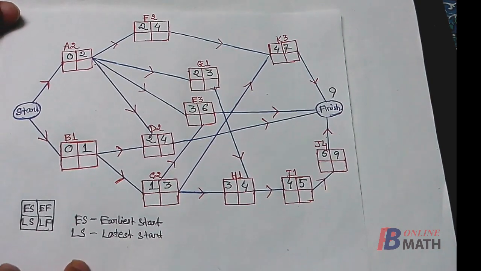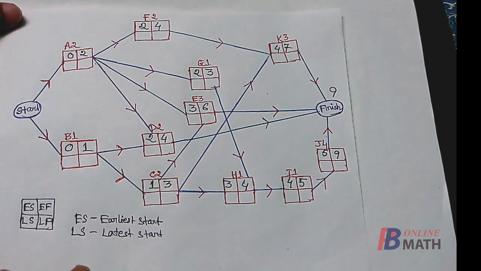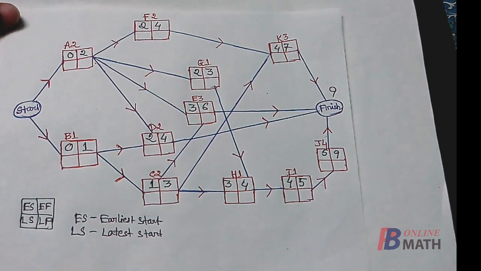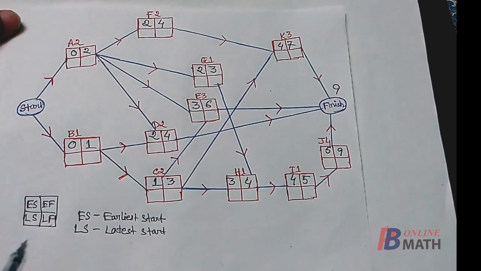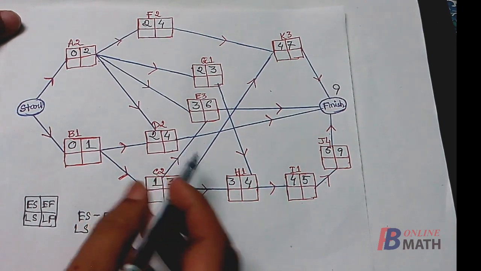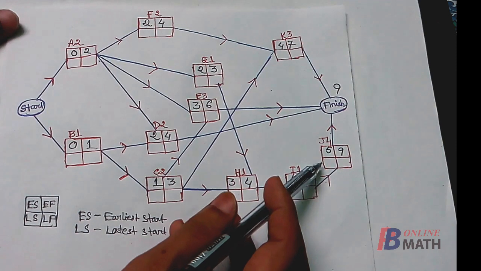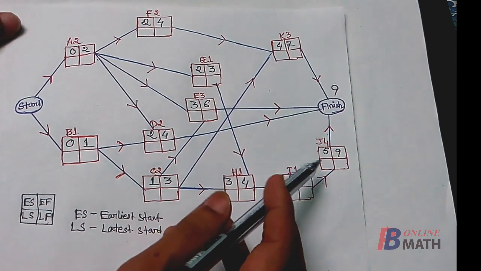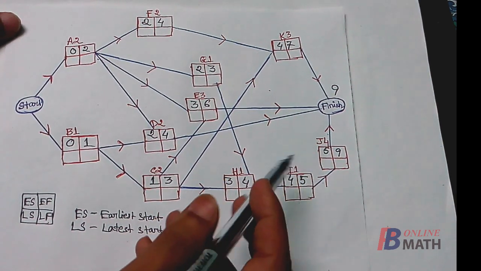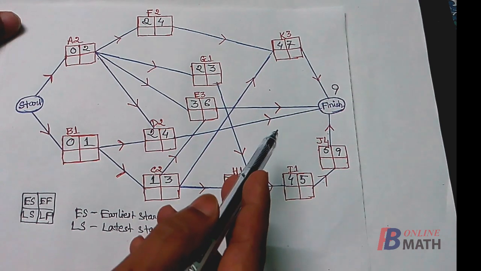Now we shall find the latest start time and the latest finish time of the activities by backward pass. First of all, consider the activity J. Now what is the minimum time required to complete the project?